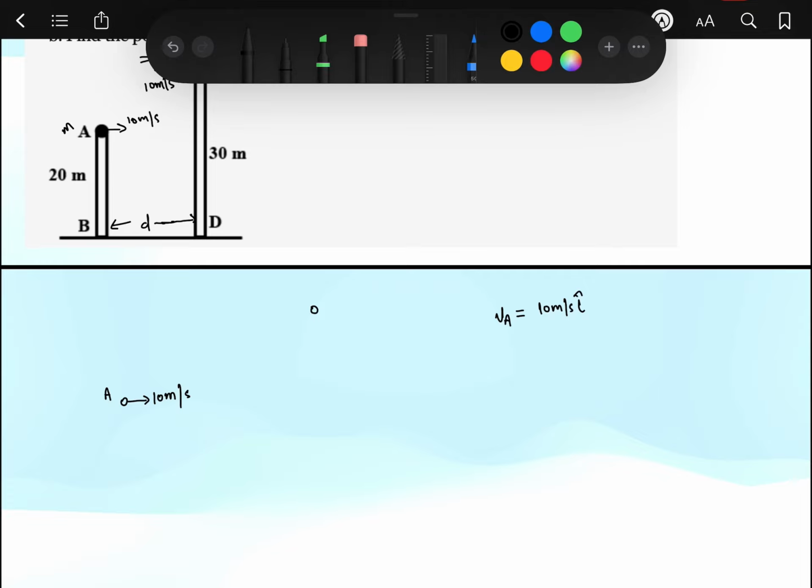Similarly, here is particle B, having a velocity of 10 meter per second at an angle of 60 degrees. I will resolve it into horizontal and vertical components. The horizontal component will be 5 meter per second and the vertical component will be 5 root 3 meter per second.